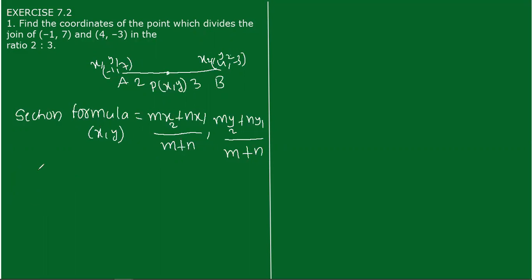So what is the given ratio? m is to n is equal to 2 is to 3.